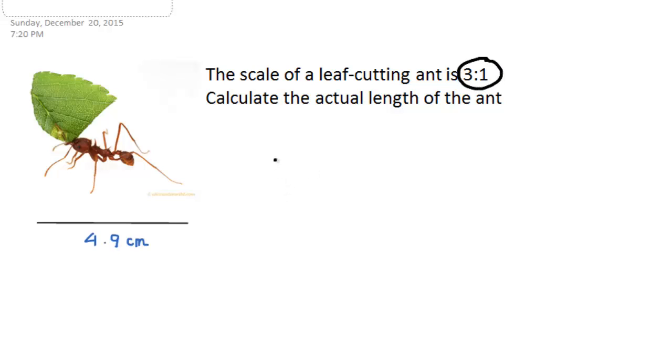We said before, if I have 3:1, which number is large? This is the large and this is the small. When you start with large, that means it's enlargement. Exactly.